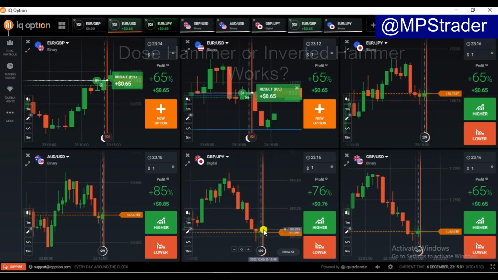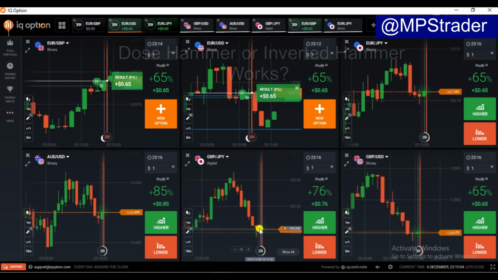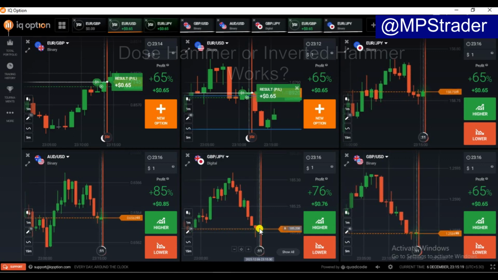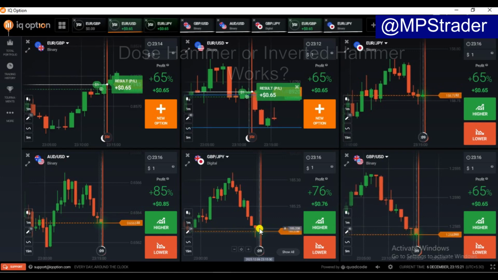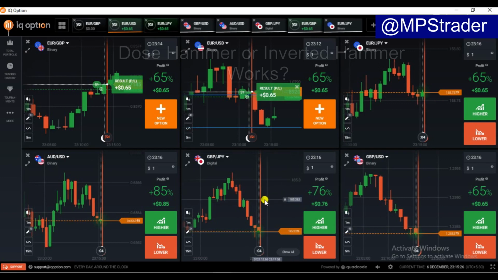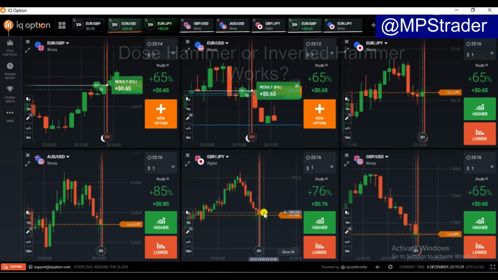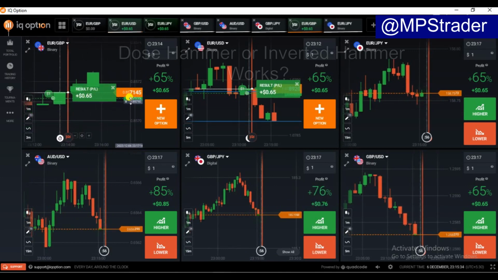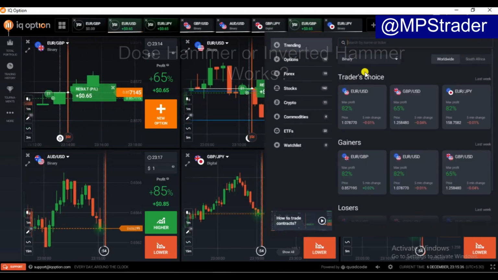Okay, in here a hammer has formed. So guys, what will it be? Will it be a put or will it be a call? This is a very risky one. Euro GBP, Euro GBP.